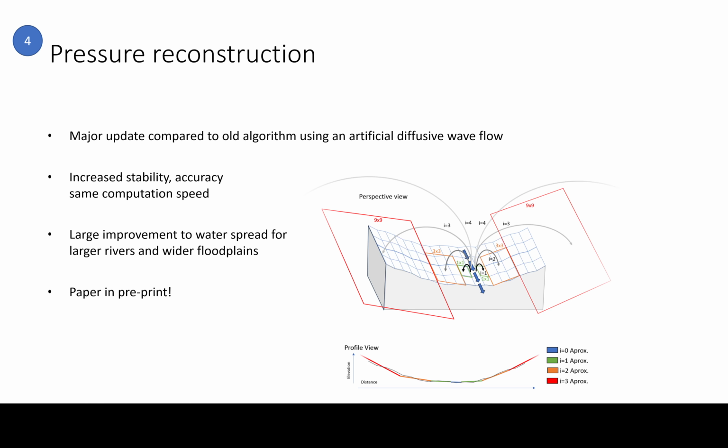For steps 4 and 5 in particular, we do a traditional hydraulic calculation using the same Saint-Venant equations. But before that, to speed this up, we use what we call a pressure reconstruction using logarithmically cascaded profile approximations. This helps us convert from discharge values to flood depths within the floodplain. There's a lot to that, but I'll refer you to the paper if you want to read more details on this.